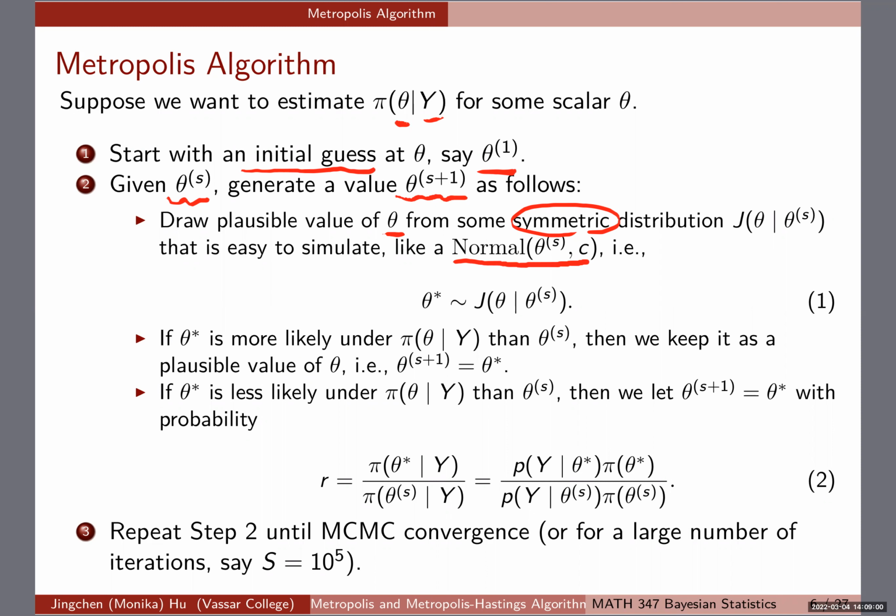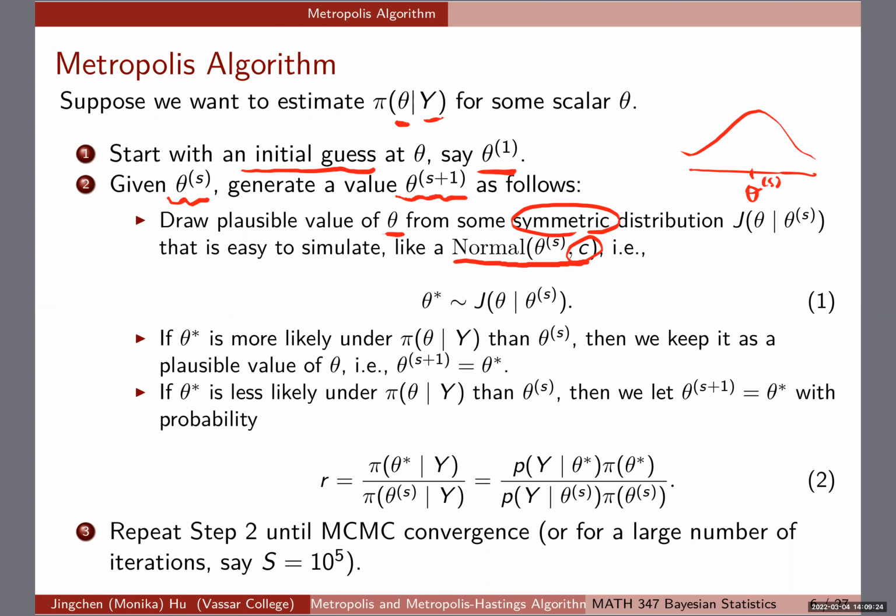I sample theta s plus 1 from a normal centered at theta s. If I have my current draw of theta s, I choose a particular standard deviation, let's just say C, and if you draw it out, you know that it's going to be centered at theta s. Then you randomly draw from this normal distribution. This is a symmetric distribution.